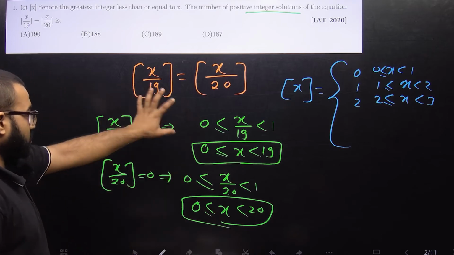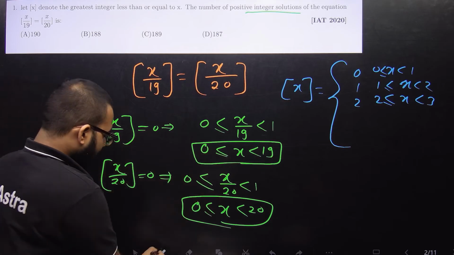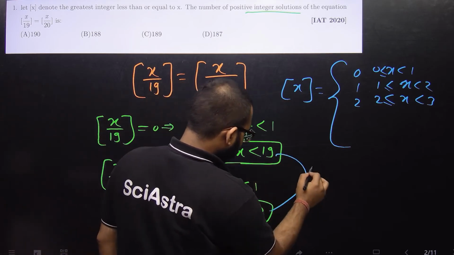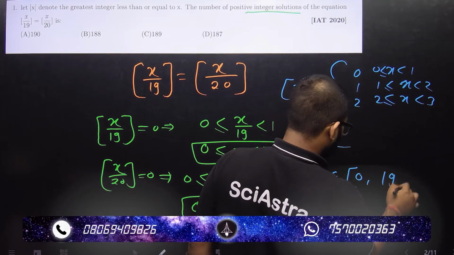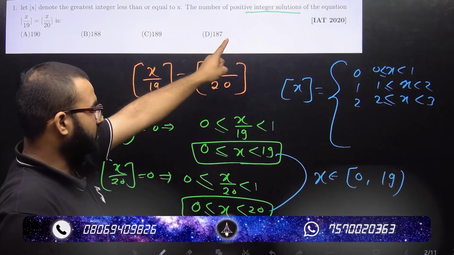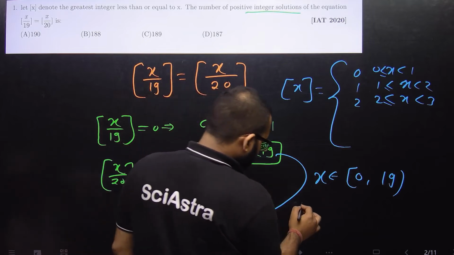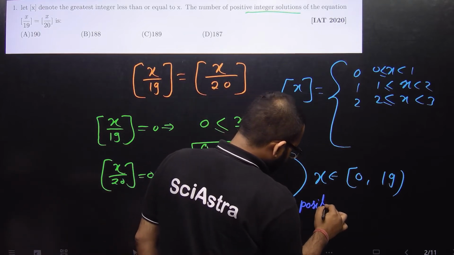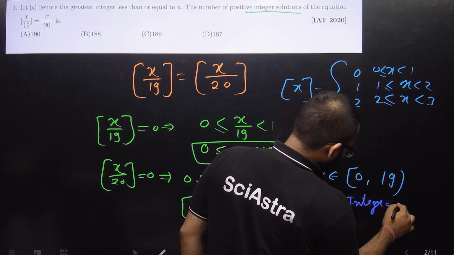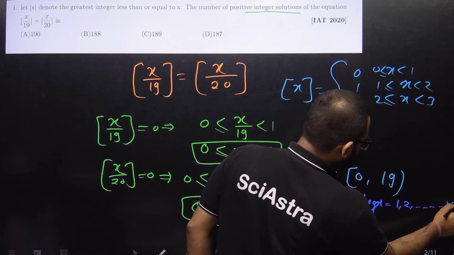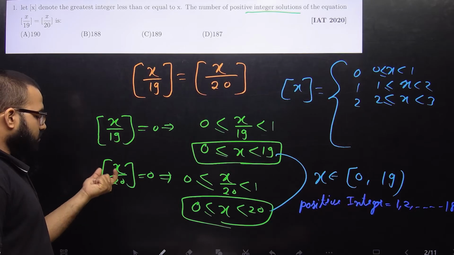Both these equations have the solution 0, but our answer is different, so take the intersection. Then we get that x lies between 0 to 19 open, but we have to find only positive integer solutions, so we reject 0. So the positive integers in between are 1 up to 18. So there are 18 solutions. This is the solution for floor of x by 19 and floor of x by 20 equal to 0.